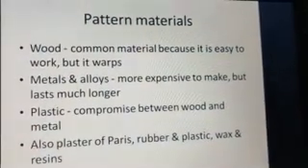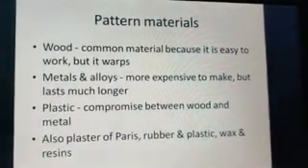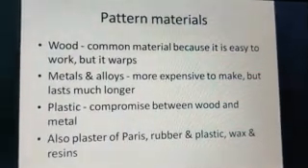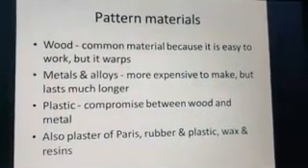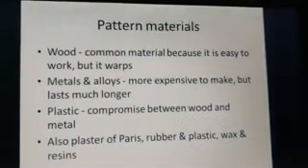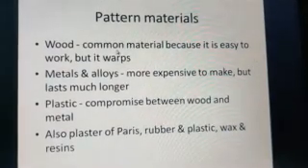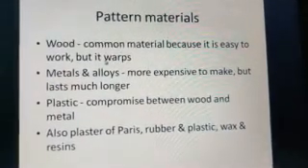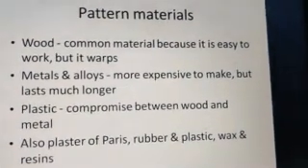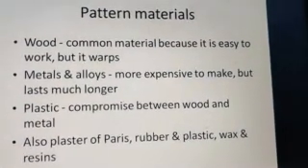So like I said, the pattern material ranges from wood to any range of material, and that depends on how well you are managing your economic balance. So wood is the common material because it is easy to work and you can easily make any particular pattern using wood.